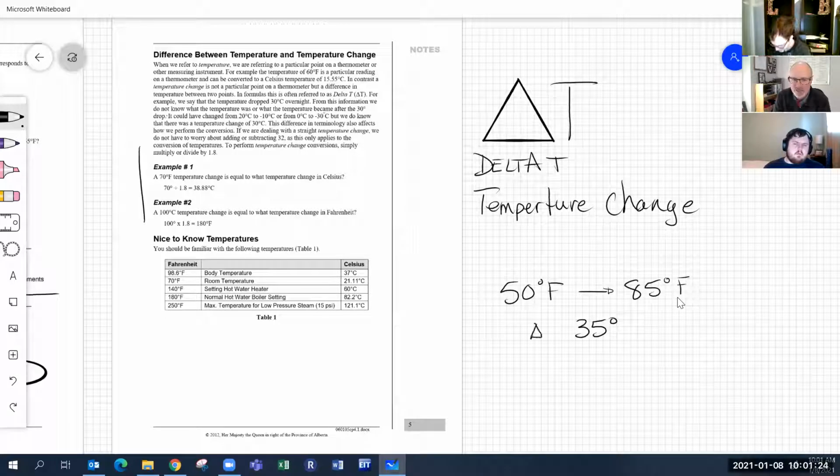That would be known as my delta T. It's the temperature difference between these two points.